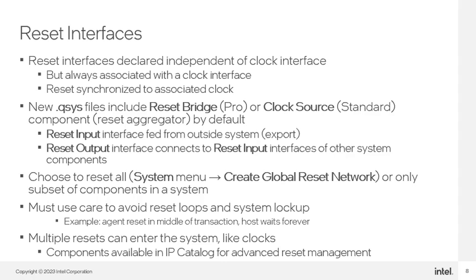If this method is used, care must be taken to avoid reset loops or reset situations that can cause system lockup, such as resetting a component with an agent interface in the middle of a transaction. If you have multiple external resets entering the system through multiple reset bridge or clock source components, you can use a reset controller or reset sequencer to manage them.